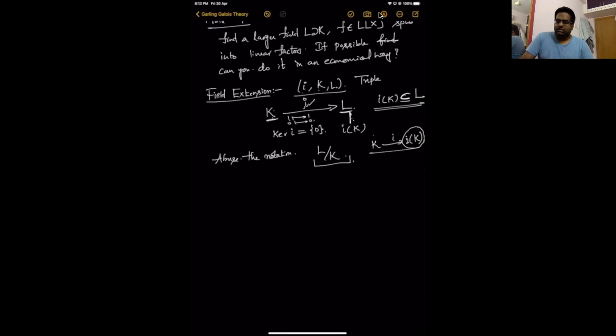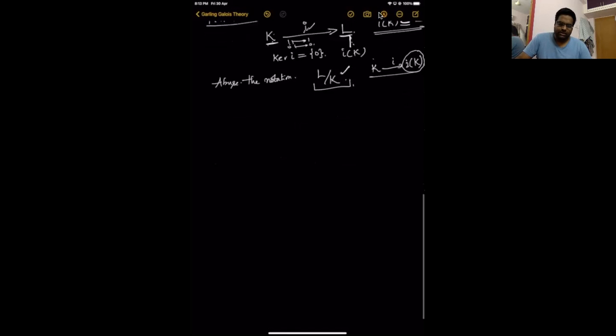But this triple notation is useful when you try to prove that there exists an algebraic closure for any field. I guess that's the only case where you need to use this precise definition. The rest of the time you can get away with this sloppy notation, L over K, and that is what we are going to assume in the rest of the course.